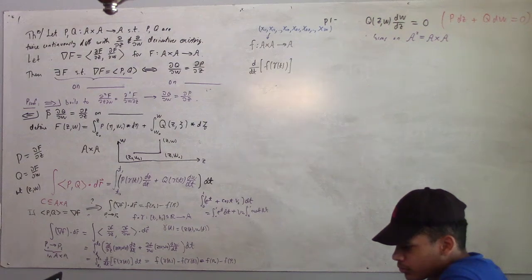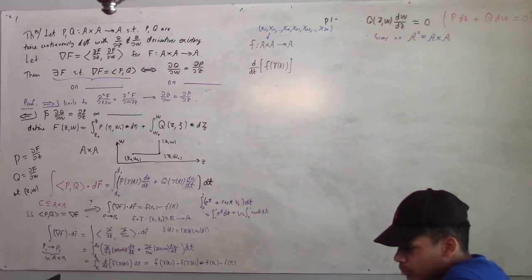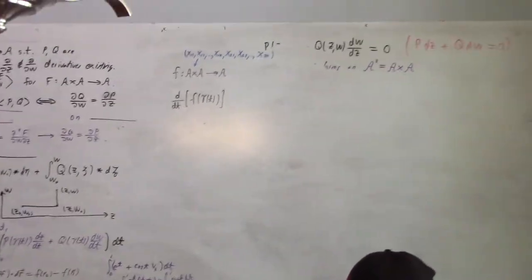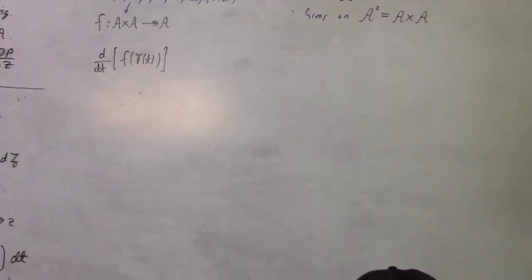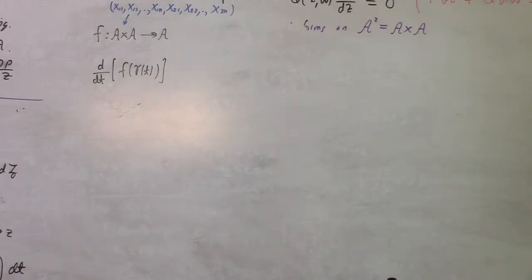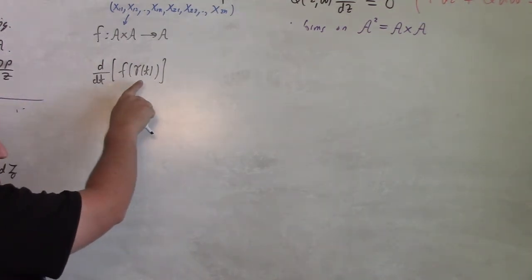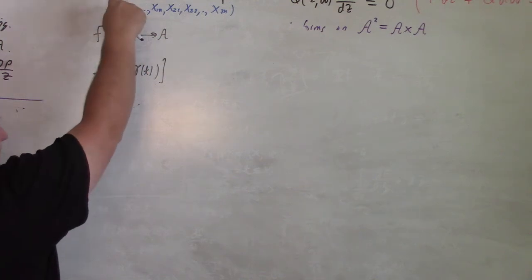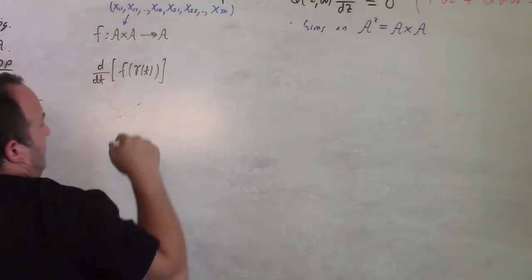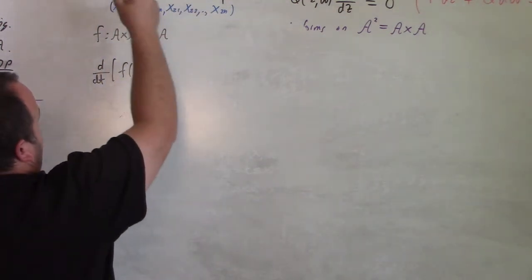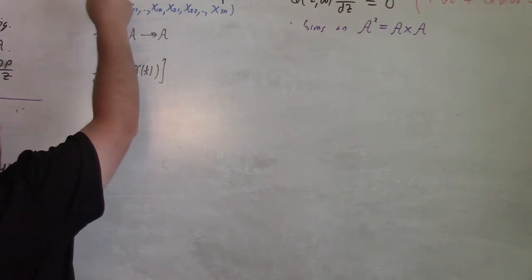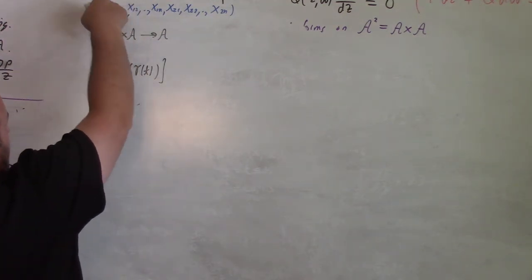Remind me to unzoom the camera once we get done with this. Otherwise I will regret it. So this is actually a function of x1 through x2n, but you're setting this equal to gamma of t.